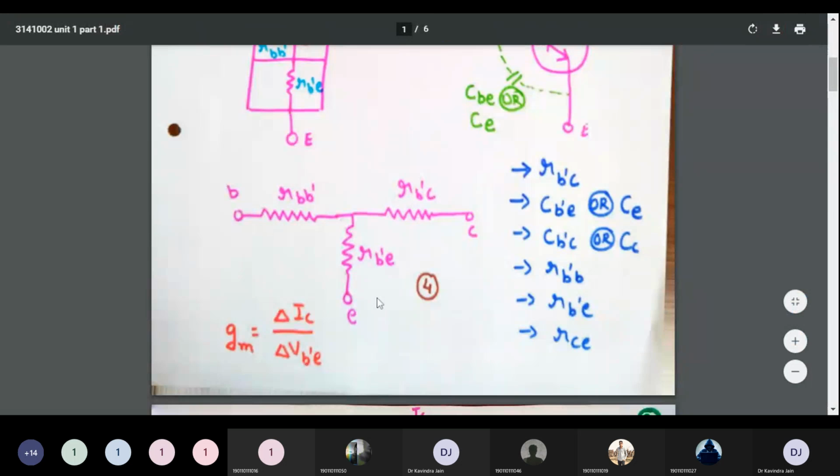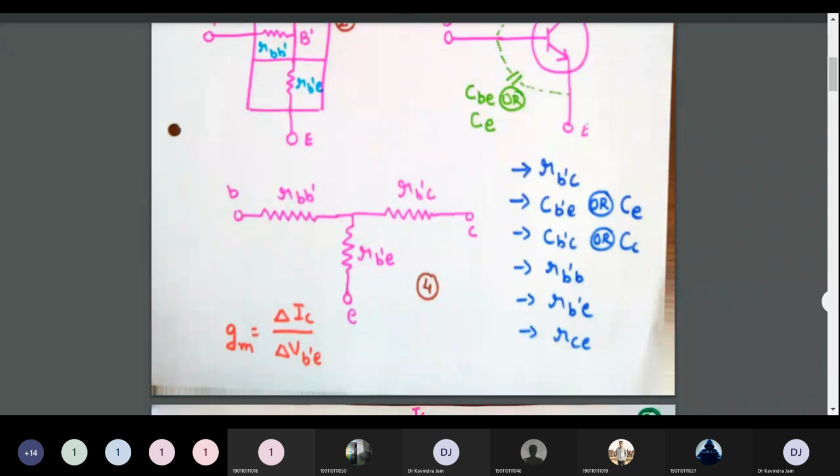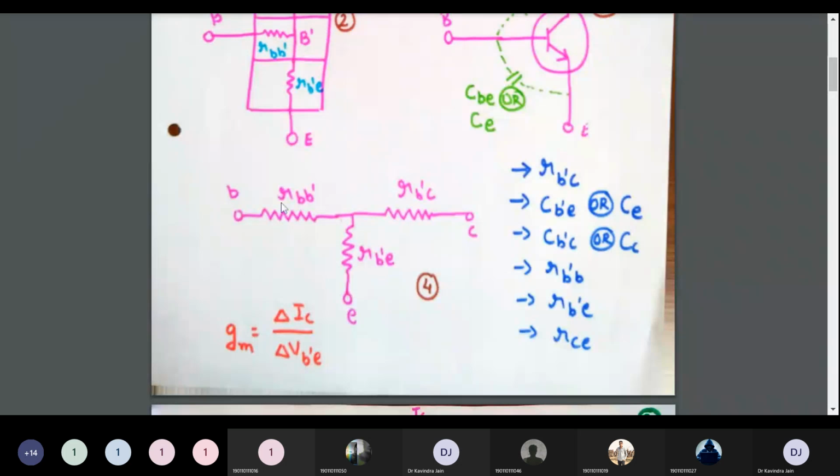This is a T model, sort of. We have already discussed R B dash B. Now we will start with R B dash E. So students, I hope you have drawn the 3 resistors. Now I'm going to start with R B dash E.